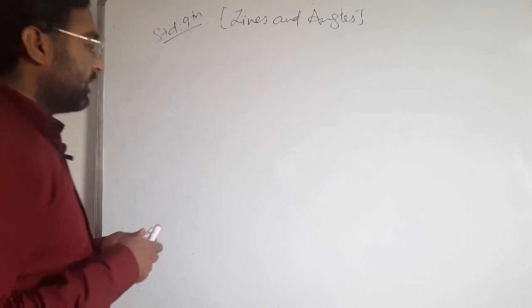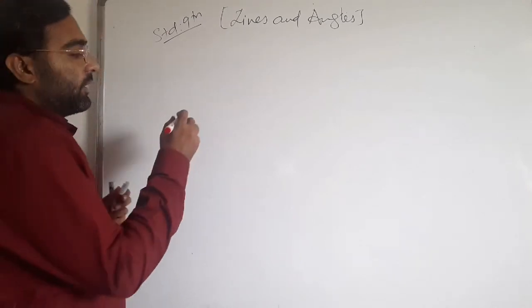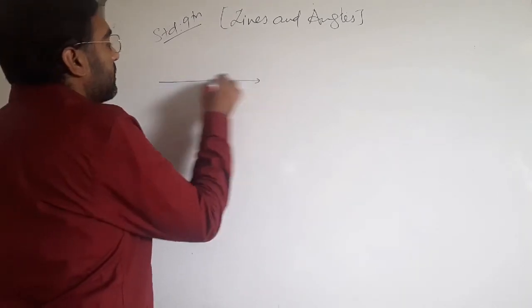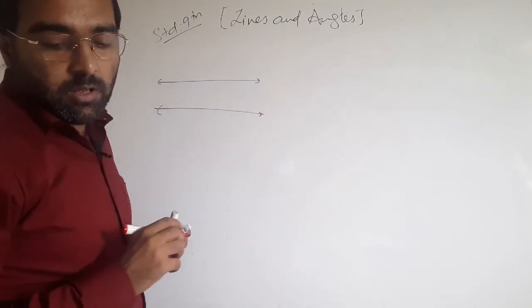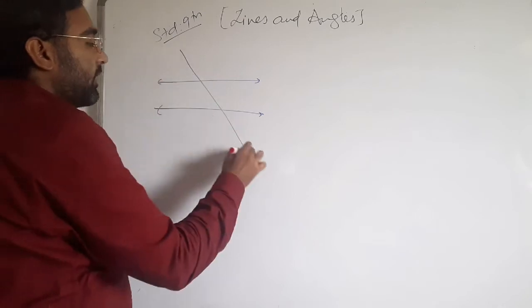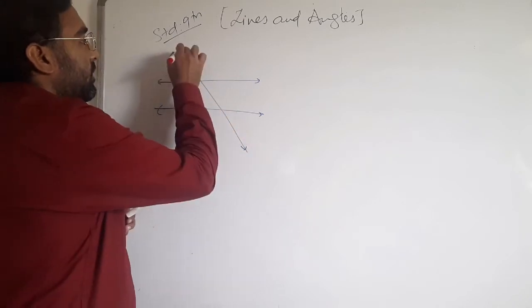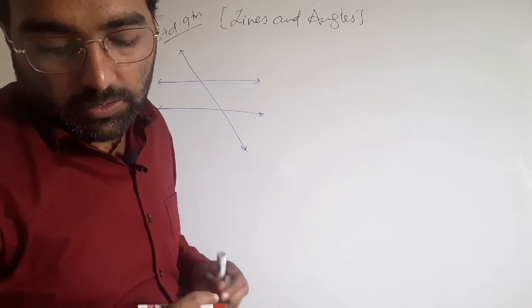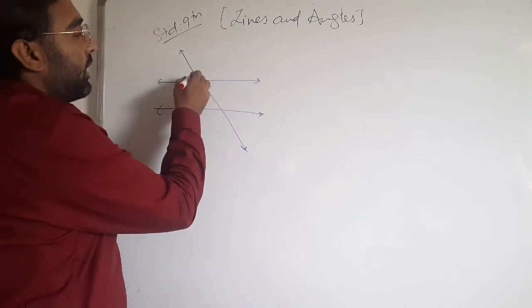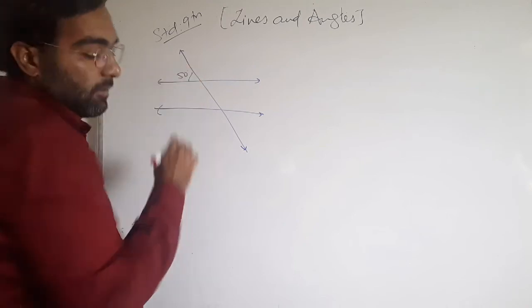The figure is given like this: two parallel lines are given and one transversal. Here angle 50 degrees is given.